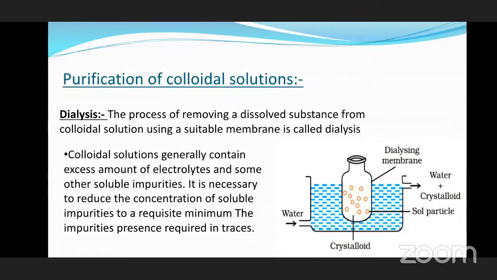First we have to discuss dialysis. What is the meaning of dialysis? The process of removing a dissolved substance from a colloidal solution using a suitable membrane is called dialysis.